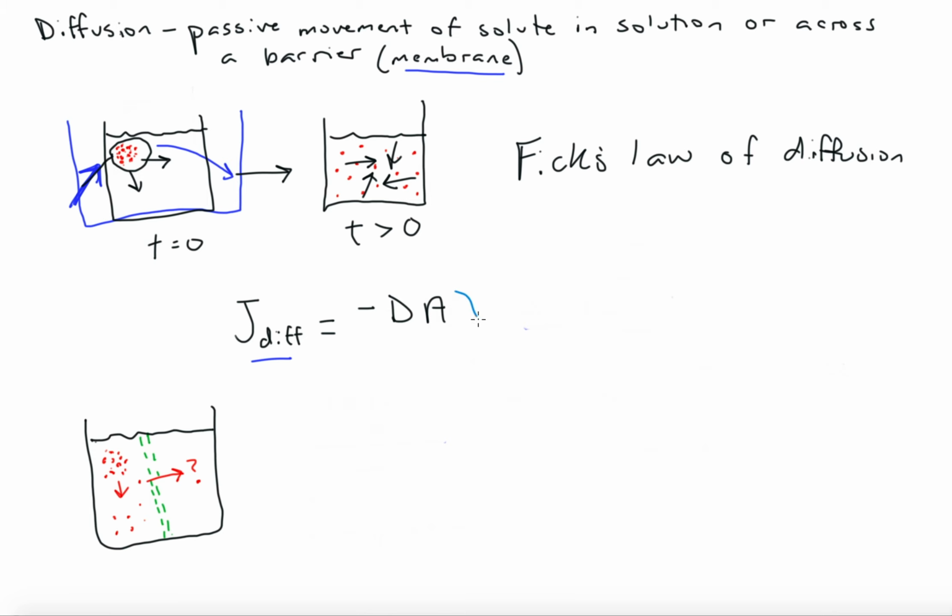We have to add a factor, which is lambda, and then still times delta C over delta X. Everything else is the same, but we've got this guy, and that is our lipid solubility factor.